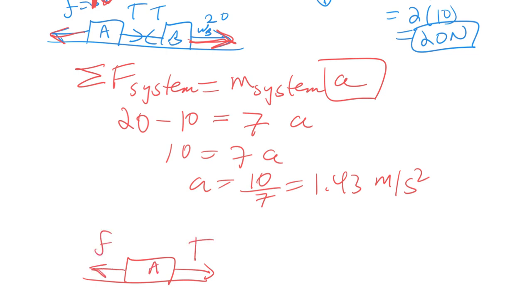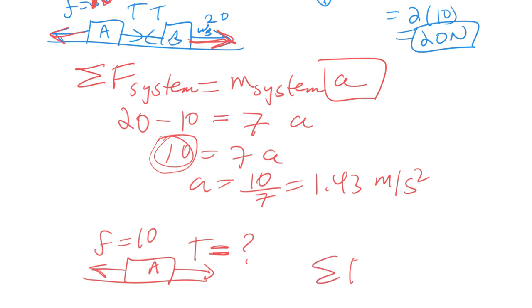This is A. Tension, I don't know what that is. Friction is 10. It's very important that you don't think the net force that we just found, 10, is the net force on the individual parts of the system. The net force of the system is not the net force on the individual parts. So you gotta find that.